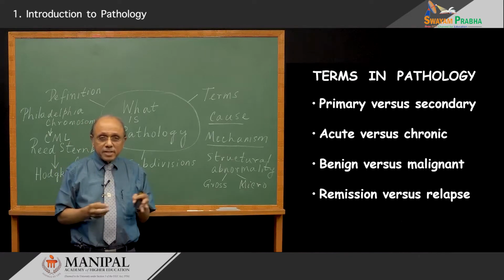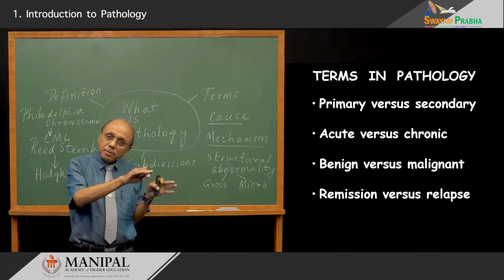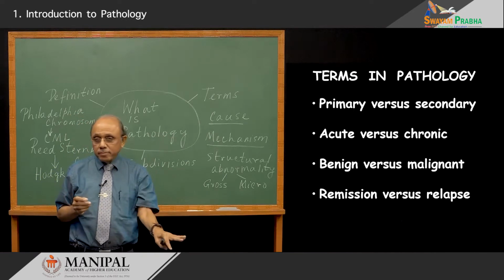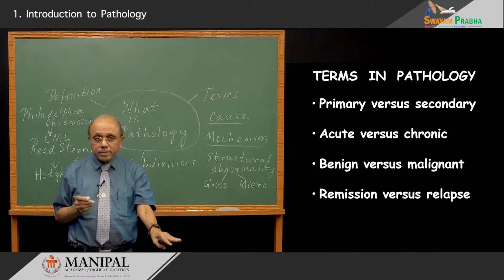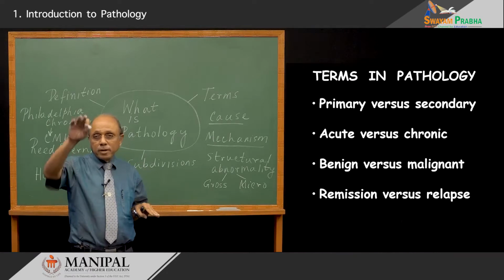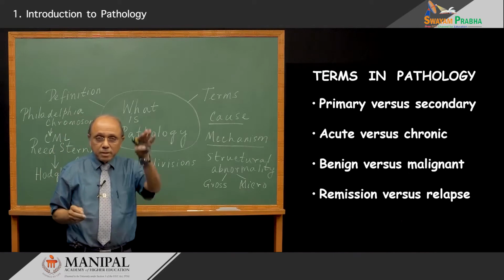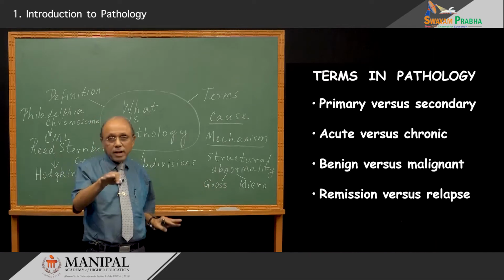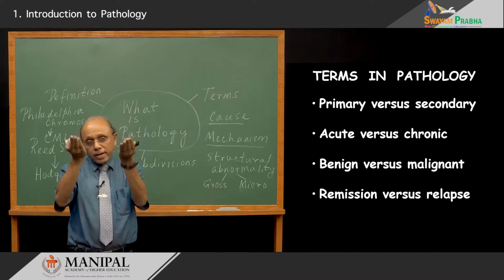So, diseases generally do not have the same level of intensity. There will be times when the disease will be quiet, there will be times when the disease will have a flaring up. So, remission is the quiet, the quiescent phase as it is called, and relapse is the flared up phase.